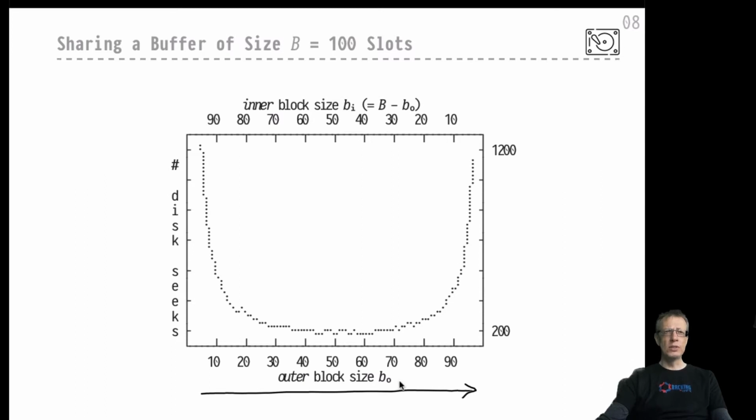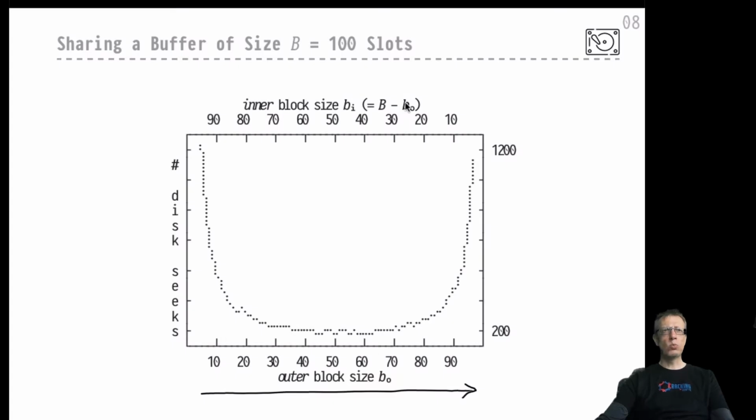So this determines the B sub O size, the block size of our outer participating table. How much space is being reserved for the outer table inside my database buffer? The rest of the space, of course, would be available for the inner table, and blocks that we can hold in the database buffer for the inner table, which of course would be the overall database buffer size minus what we have already allocated for the outer blocks.